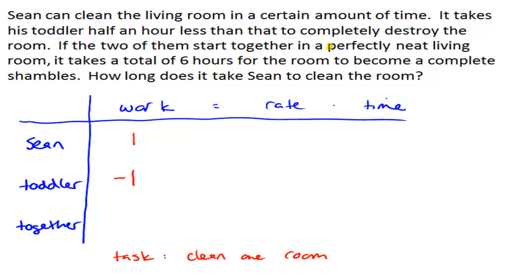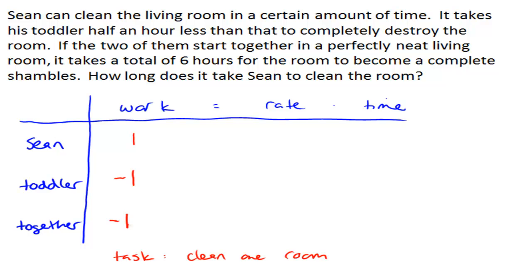If you take a look at the original question, which says that they start out with a perfectly neat living room and then turn it into a complete shambles, I think you can see that they are destroying the room together. And so their work together is again uncleaning the room.